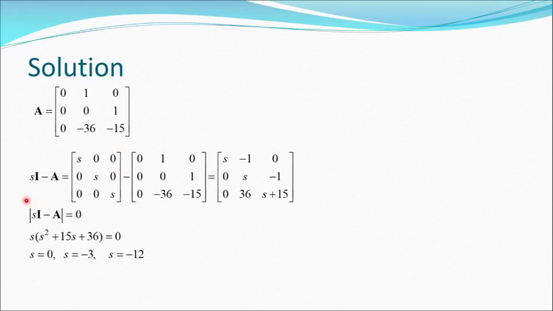Then we compute the sI minus A matrix and obtain s, -1, 0; 0, s, -1; 0, 36, s plus 15. After that, we find the determinant of this matrix and substitute in this equation.